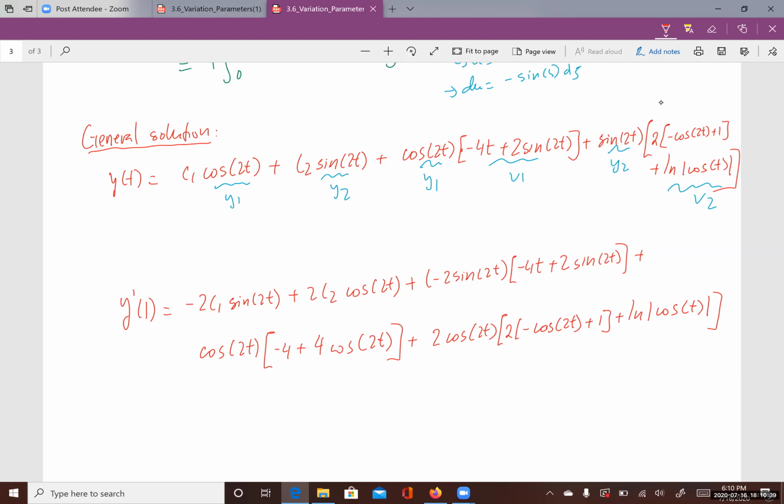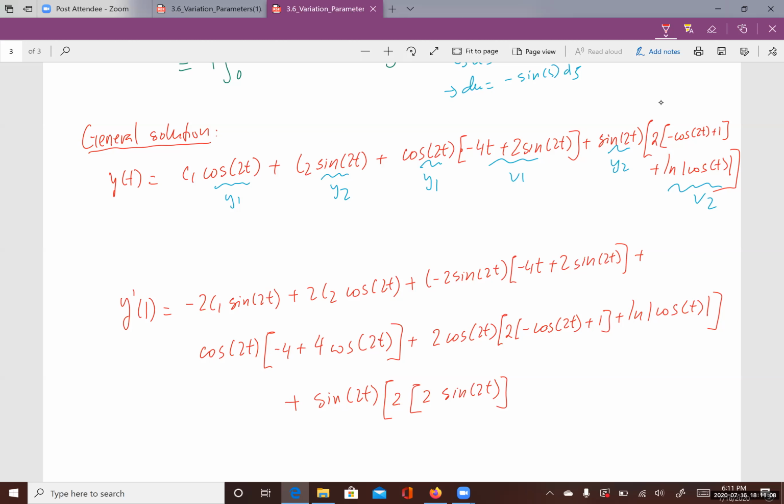Okay, and also I have to add the derivative, so keep this function's sine of 2t and multiply by the derivative of this function. The derivative of natural log of cosine will be, negative sine, so negative becomes positive, so it's going to be 2 sine of 2t. Derivative of 1 is 0.